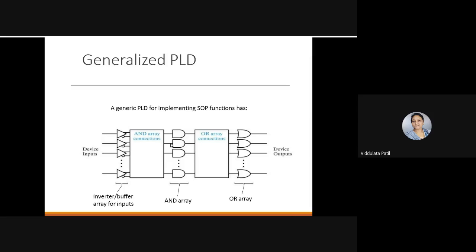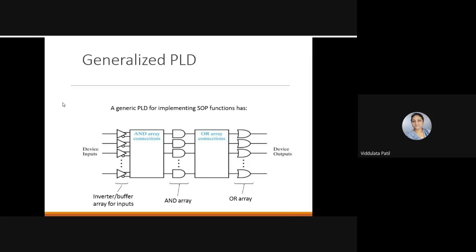First, the device inputs. Suppose we have n number of inputs to this device. Each input may be logic zero or logic one. The input can be connected to the AND array through a buffer or an inverter.